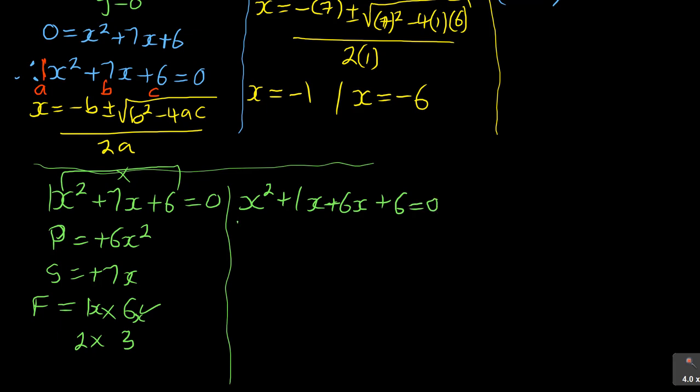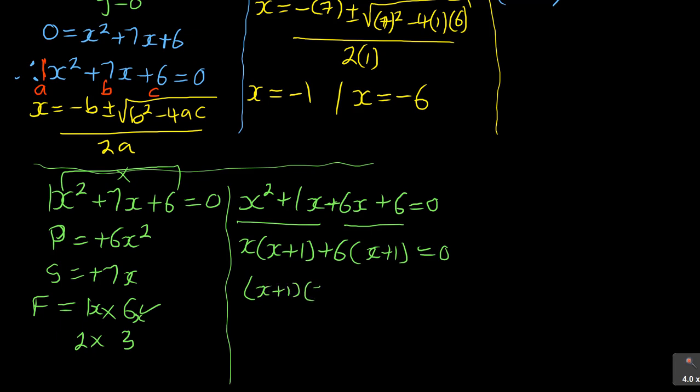You factorize by grouping, take the first two, the last two, x is common, which is x plus 1, plus 6, which is x plus 1 is equal to 0, and you have x plus 1, and then outside the bracket is x plus 6 is equal to 0.